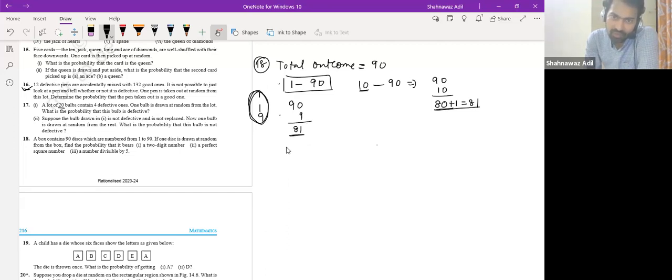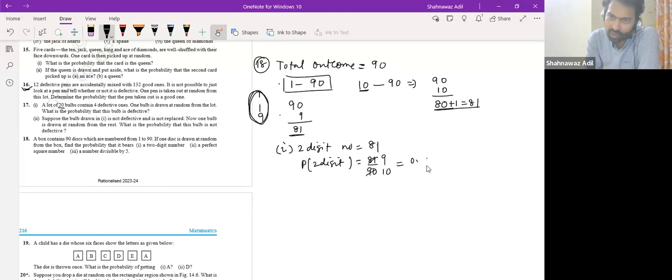So the favorable outcome for the first question, two-digit number, is 81. So the probability, as Shaima said, is 81 by 90, which is 9 by 10, which is 0.9.